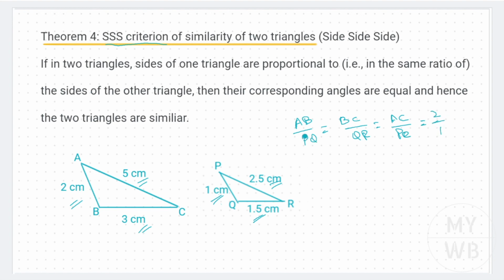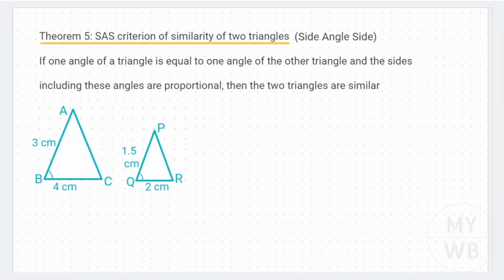So when the three pairs of corresponding sides in the triangles are proportional, we can conclude that the triangles are similar. This is the SSS criterion.